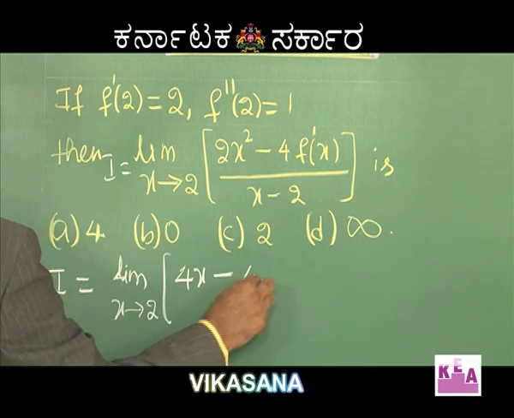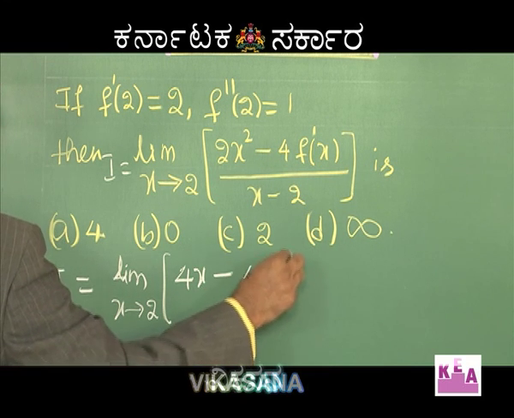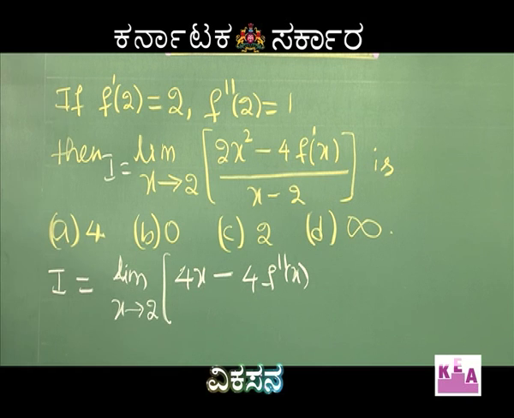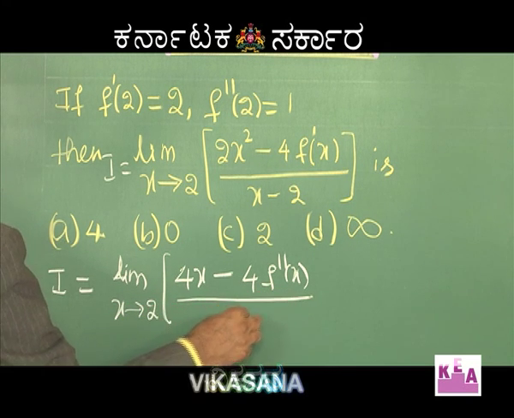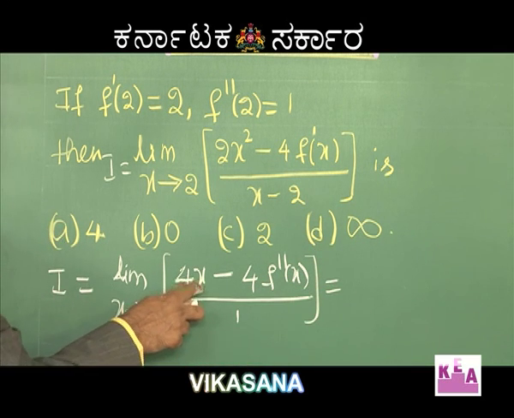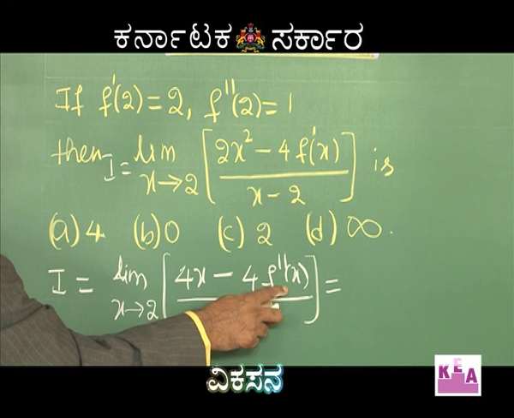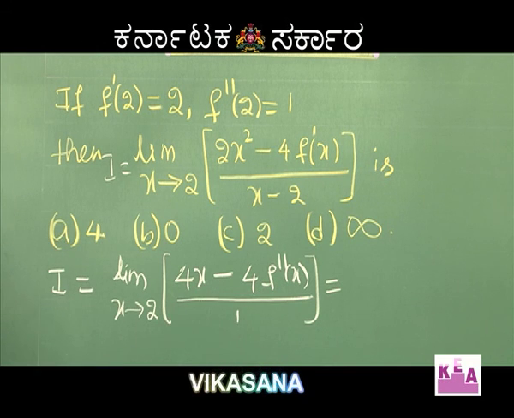4 times differentiation of f dash of x, which is f double dash of x. Do you agree with me? Divided by x minus 2, differentiation is 1. That is equal to 4 into 2, 8 minus 4 times f double dash of x. What is f double dash of 2? f double dash of 2 is equal to 1.